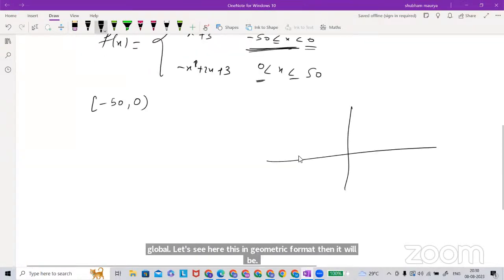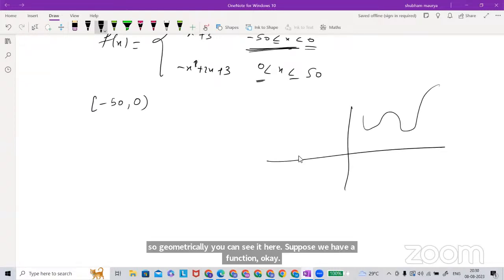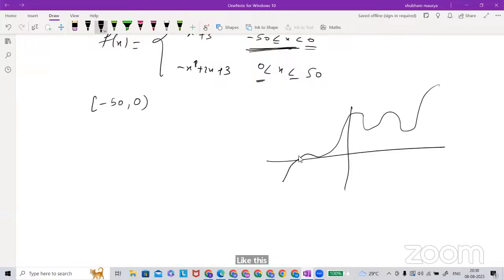Suppose we have a function like this, and at least in this interval I am just worrying about this function, not this one, at least till here.